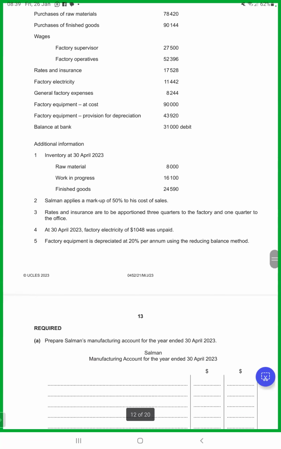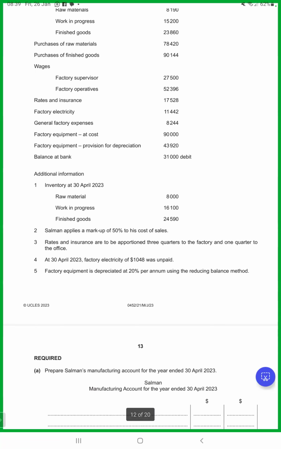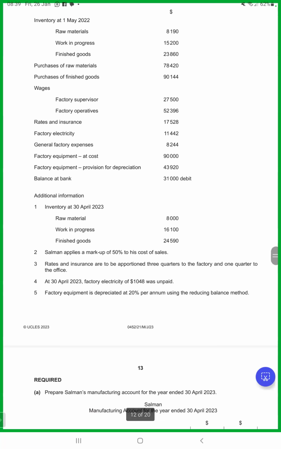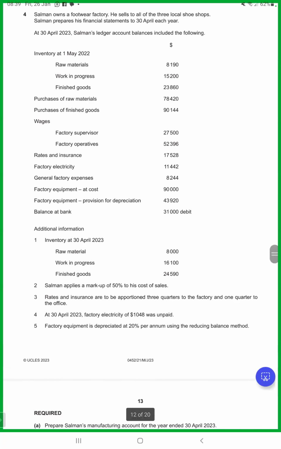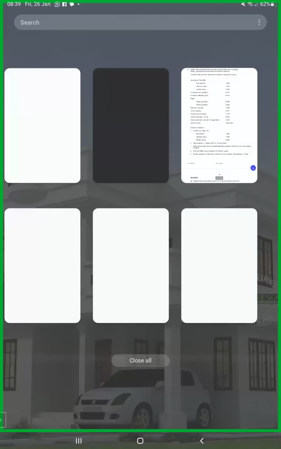So the idea behind the manufacturing account is just to establish the cost of production. This manufacturing account is basically prepared for the companies that are involved in manufacturing, those that manufacture goods. So let's go through this very same one. I said that the first thing that you have to start with is to establish the cost of production.